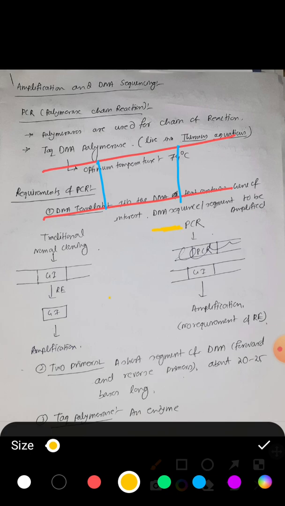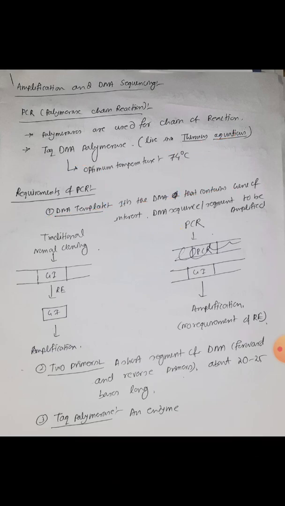Not only that, remember, as it is a polymerase reaction, we all know that in normal replication the primase enzyme provides the primer and DNA polymerase simply extends it, right? Nature provides the primer naturally, as it is a natural process. But here we are performing the entire replication in a thermocycler, that is the PCR machine.